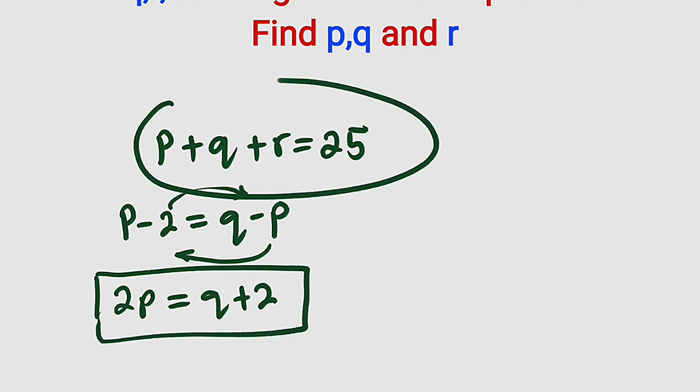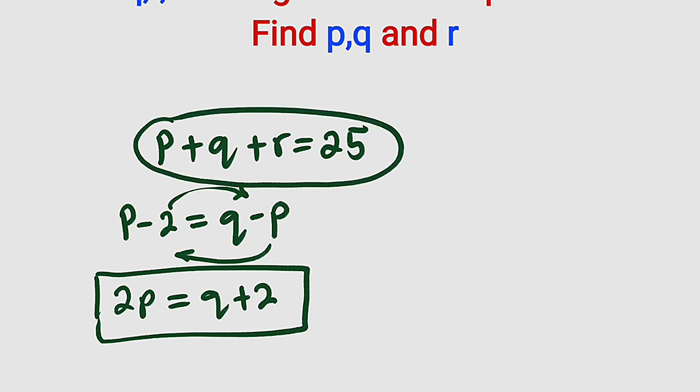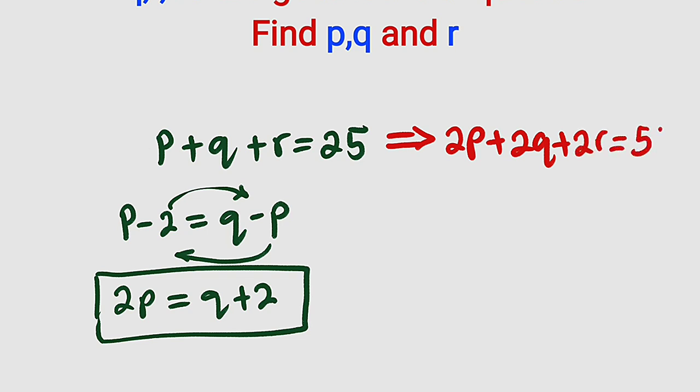From this equation, you can see we don't have anything as 2P. Hence, we can multiply every single term here by 2 to obtain 2P. Therefore, we have 2 times P, which is 2P, plus 2 times Q, which is 2Q, plus 2 times R, which is 2R, equal to 25 times 2, which is 50. So we can substitute 2P equal to Q plus 2 into this.